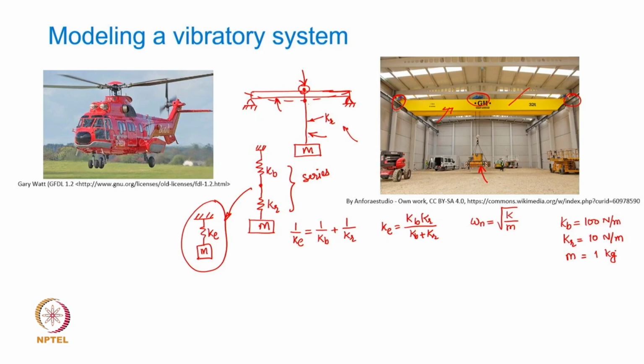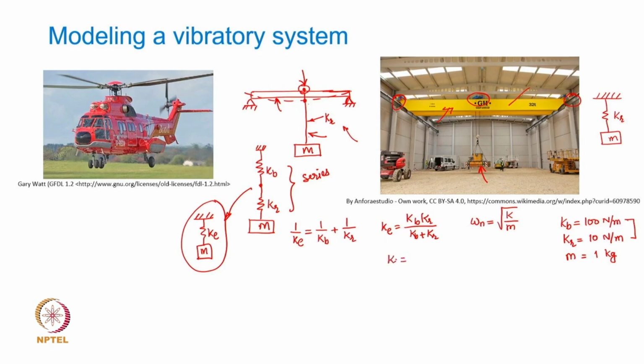So, if the stiffness differ by such a large value, it might be more appropriate to consider the girder to be almost rigid, and then you may consider the stiffness of the rope only to find out the natural frequency of this entire vibratory system. That would be numerically easier to see.